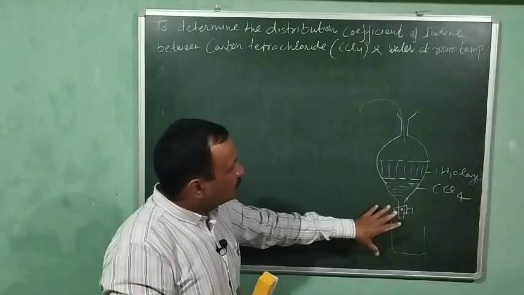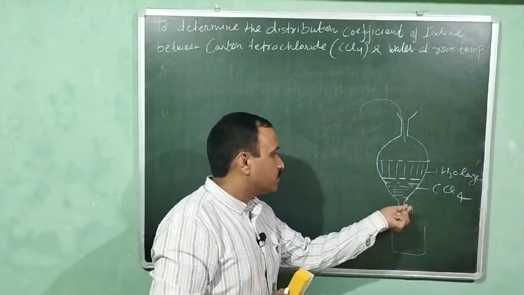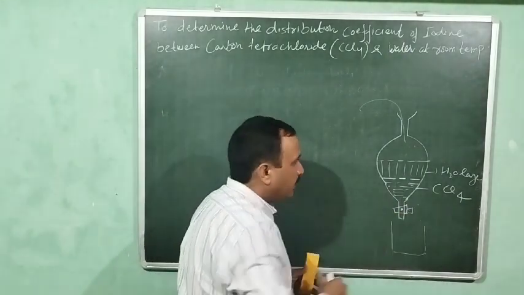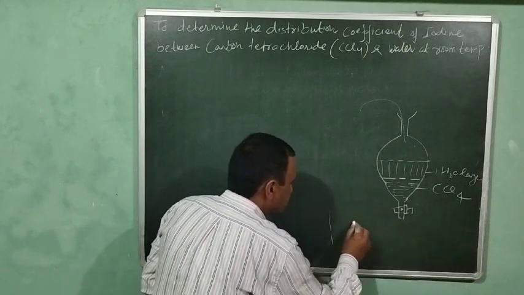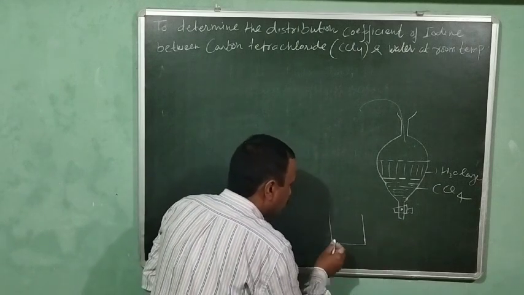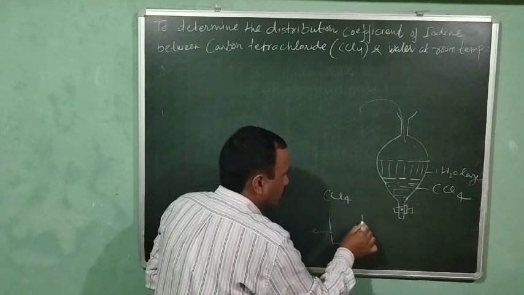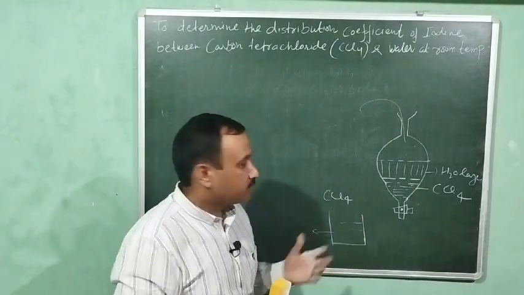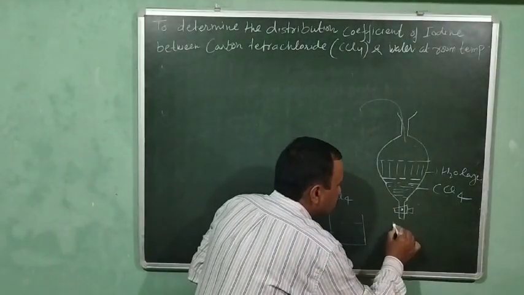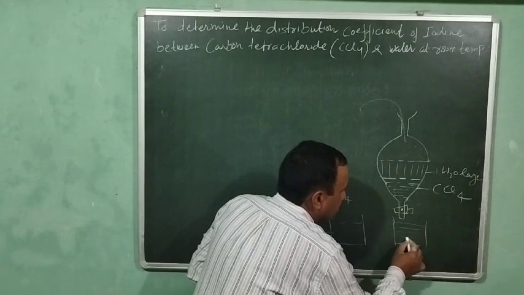Okay, and after the separation of this CCl4 layer, we will turn this knob off, and we will remove this beaker from here. So in this beaker we will have your CCl4 layer. Okay, then we will again open the knob of your separating funnel, and after this we will collect the aqueous layer in another beaker.